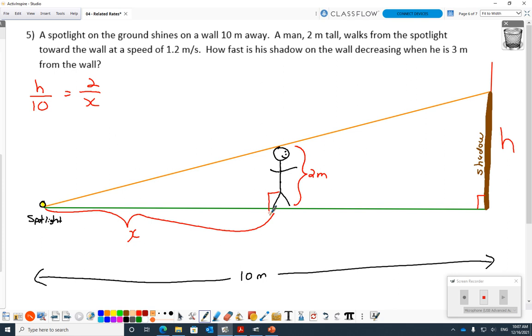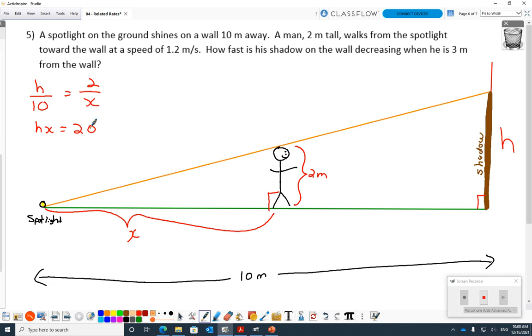This results in an unbelievably easy relationship between these two quantities. H times x is 20. All I did was cross multiply to get all the fraction stuff out of there. I think that's the easiest equation to deal with to find the derivatives with respect to time. I do have a little product rule looming here.